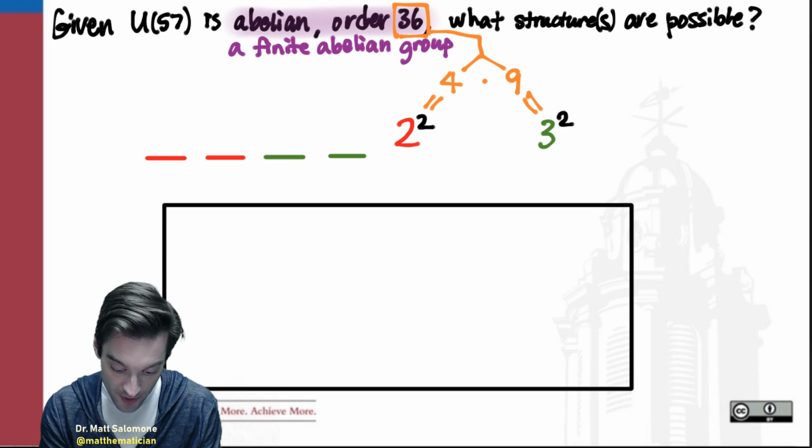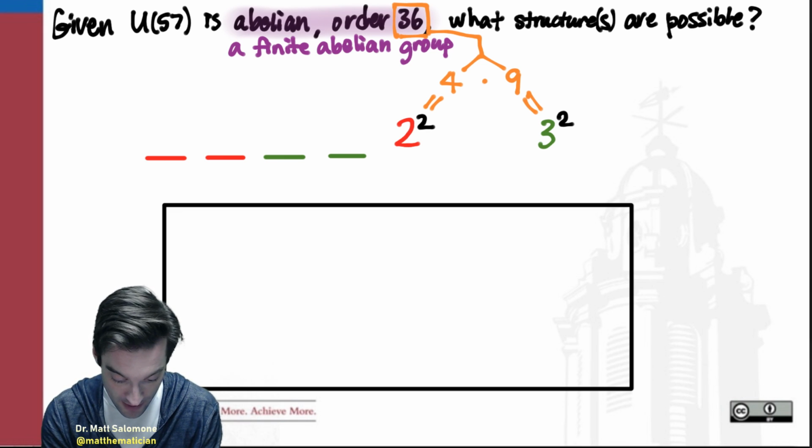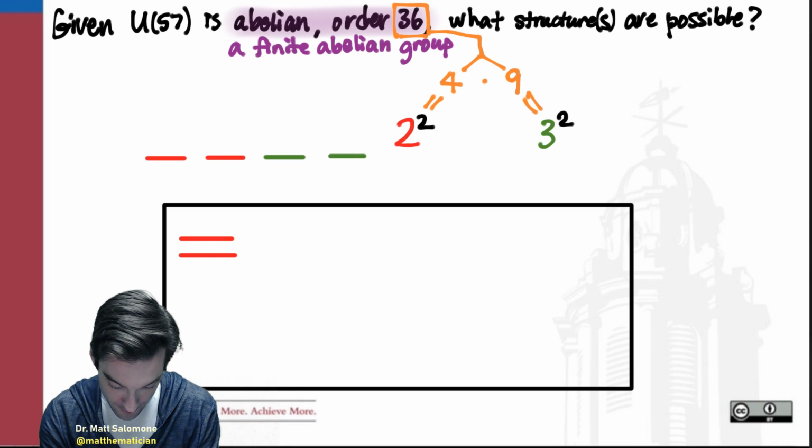So one option that I have for stacking these chips in my stack it chip game metaphor is just to stack all 4 of these chips on top of each other. So 2 red chips on top of each other and 2 green chips on top of each other.